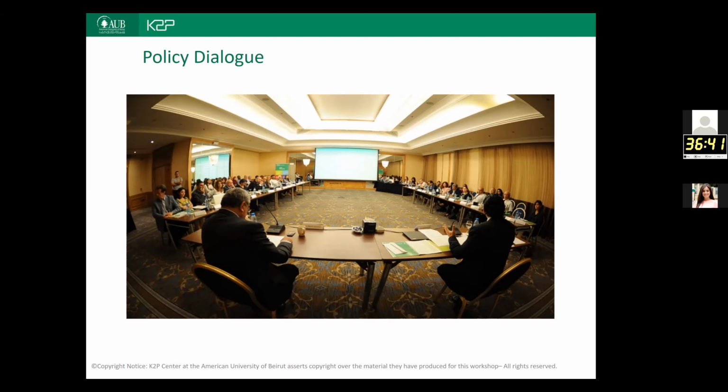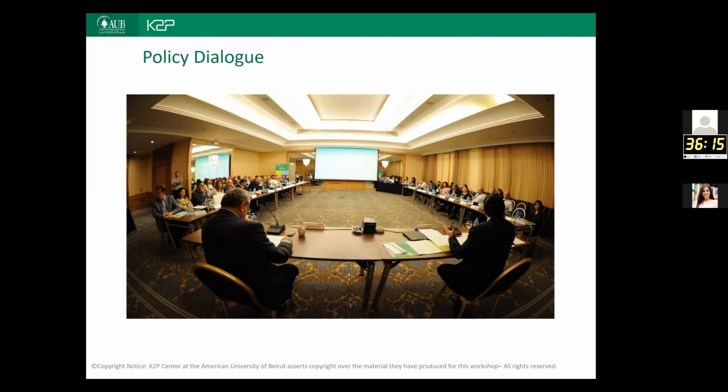You would also want to ensure that if two people from the same institution come to the dialogue, you need to make sure they're not sitting next to each other, because you will have side talks, they will not be concentrating on the discussion and all of that. So those are very important aspects to think about when it comes to a policy dialogue, and we will also discuss other further points on the policy dialogue.